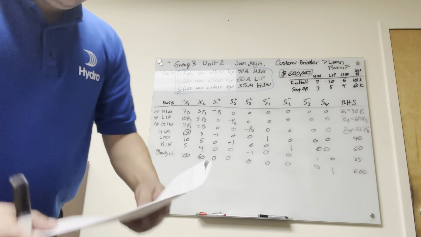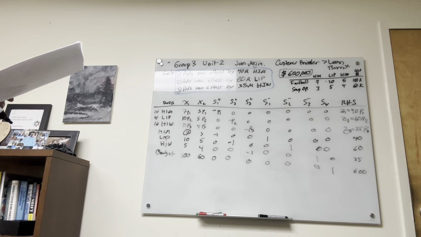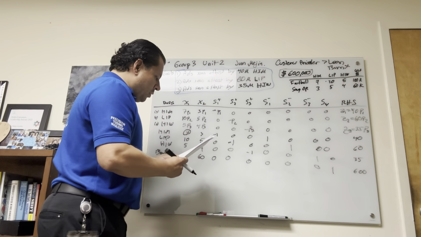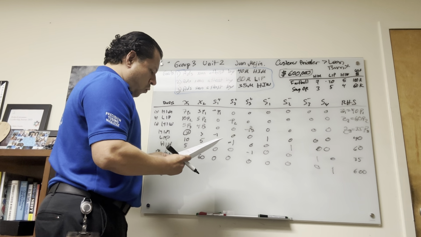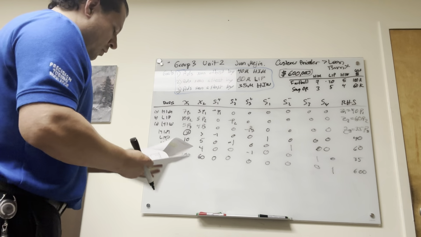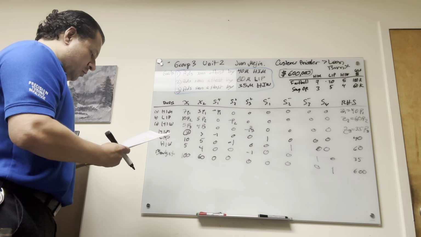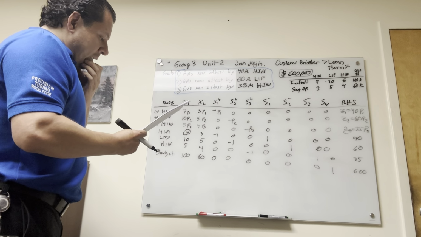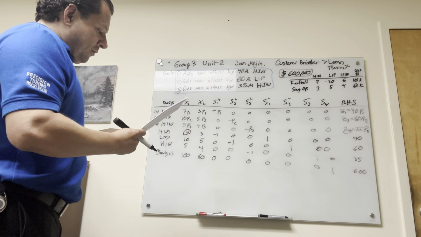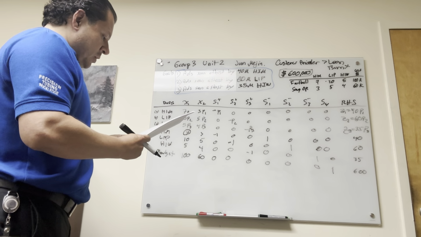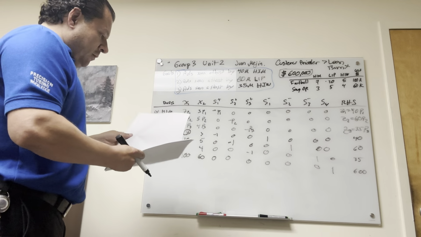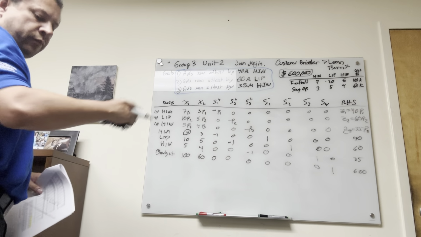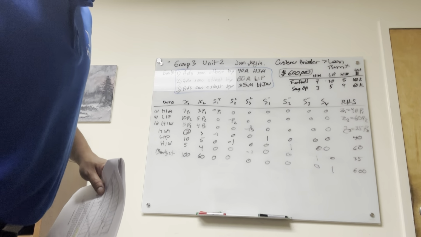If we pivot on number 7, we're going to have a transformation, after which we'll have a totally different tableau, and then we're going to pivot on S1 plus. So for the final tableau, let me stop and pause.